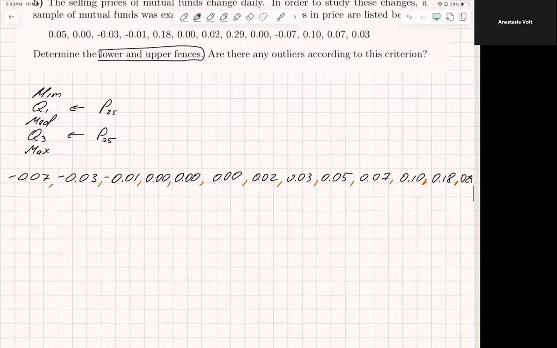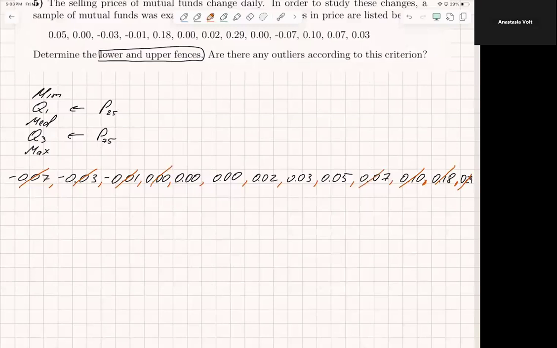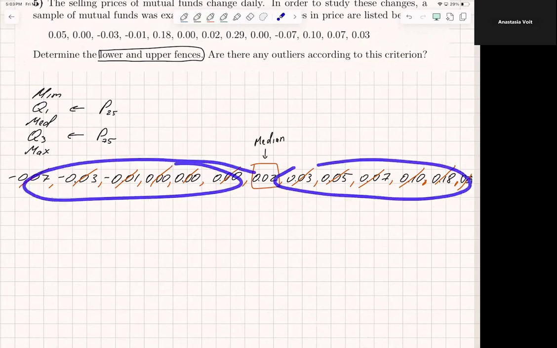Right. So if we want to do it manually, again, we start removing all the values from the edges, until we reach the middle. So this is our Q2, or median. This is needed for separating the data into the left side and right side.